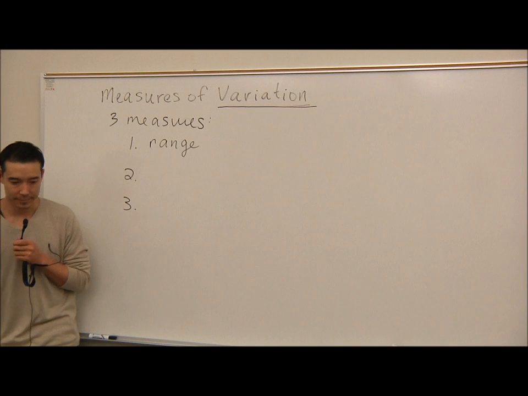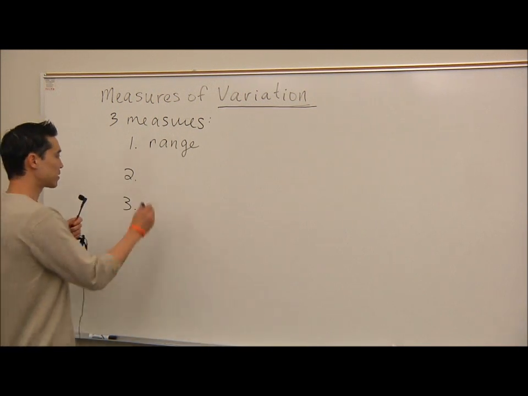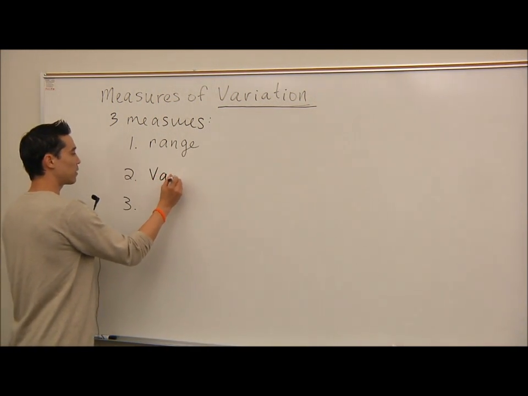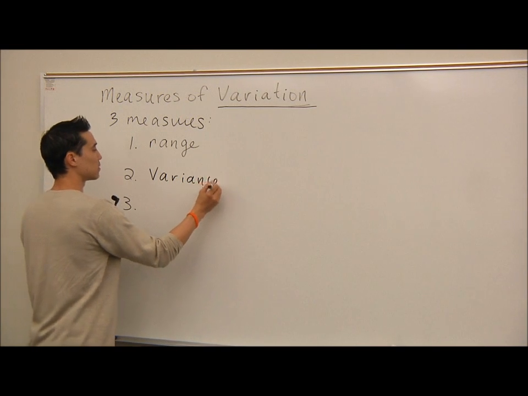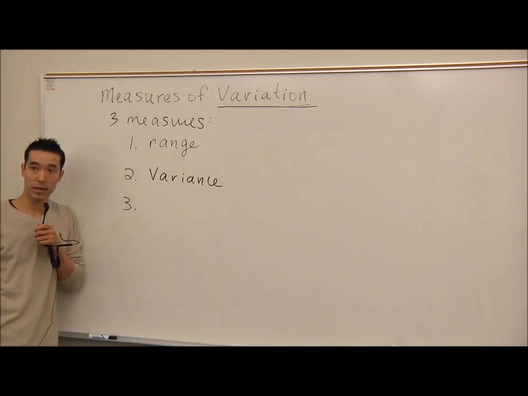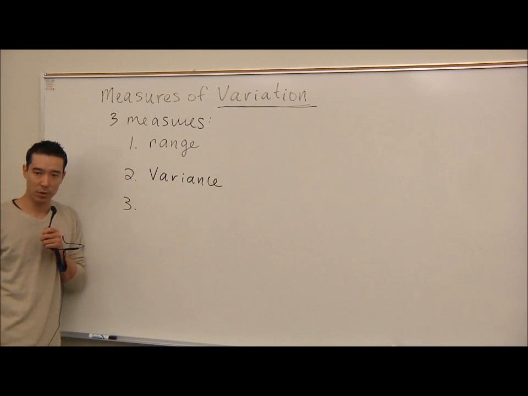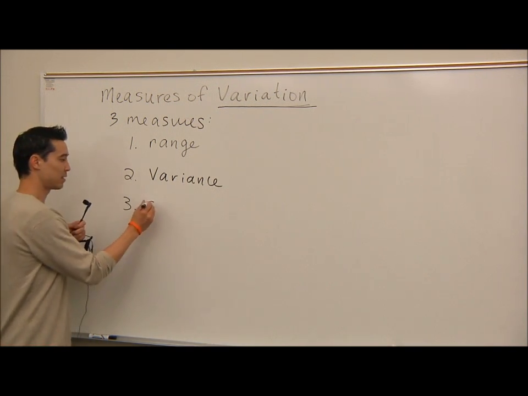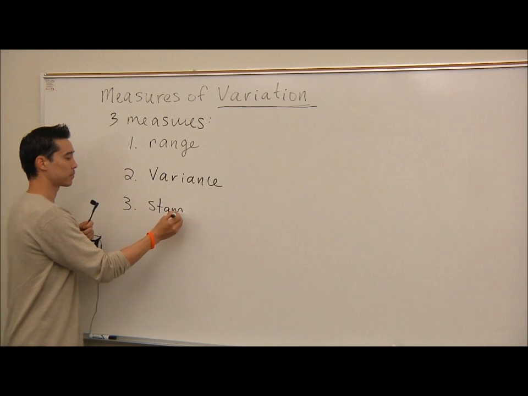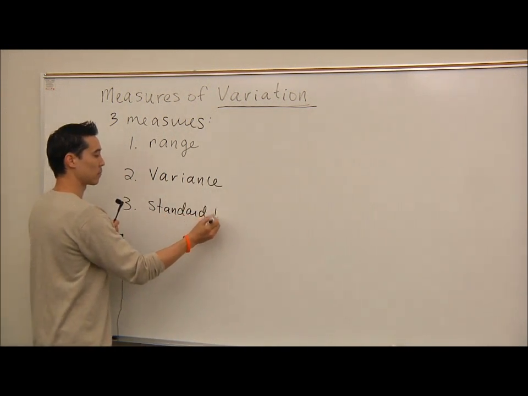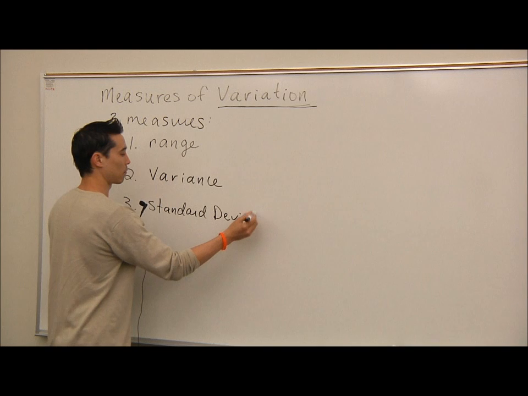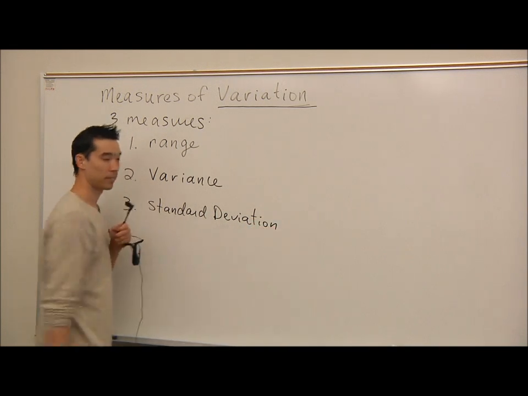Okay, that's it. Great. The second measure is termed the variance, which is something I will show you how to do in just a minute. And the third one, we just kind of heard the name, standard deviation. Okay?